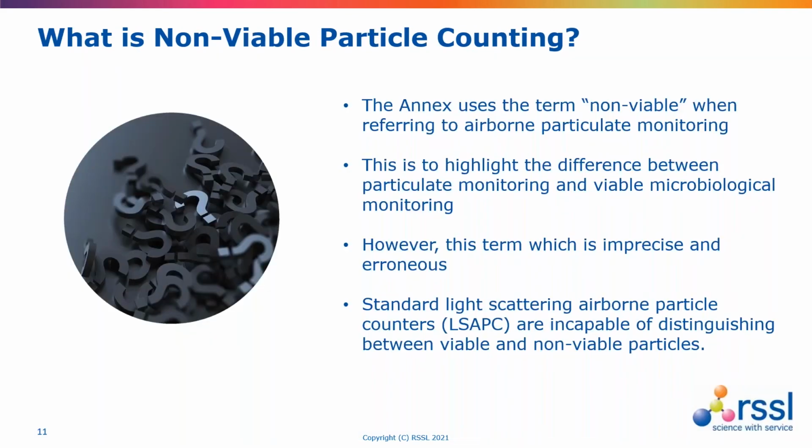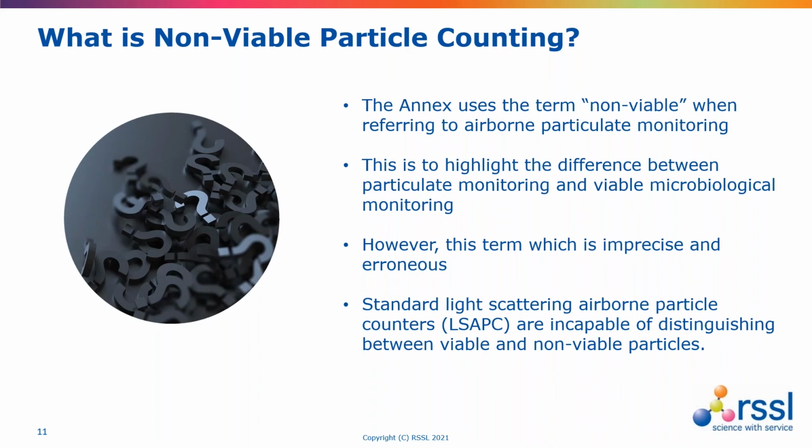So in keeping with the clean room concepts, Annex 1 deals with non-viable particle counting. That's still a term I'm not overly keen on, because a standard particle counter, through its light scattering and detection, is not capable of distinguishing between viable and non-viable particles.